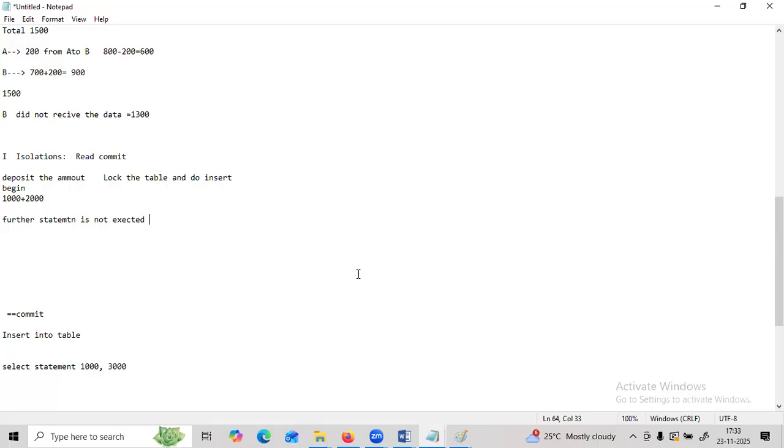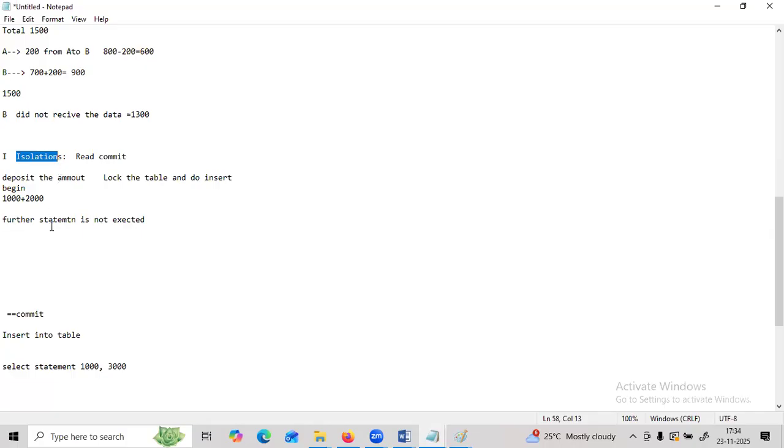Because using this isolation level, we can reduce locking and minimize blocking scenarios. This is the simple concept of isolation level. Isolation level keeps changes of incomplete transactions independent from one another. So each and every transaction is independent, not dependent.